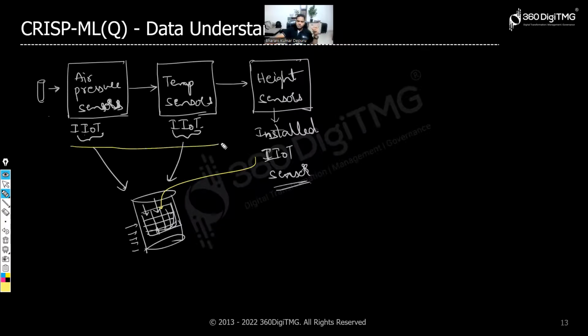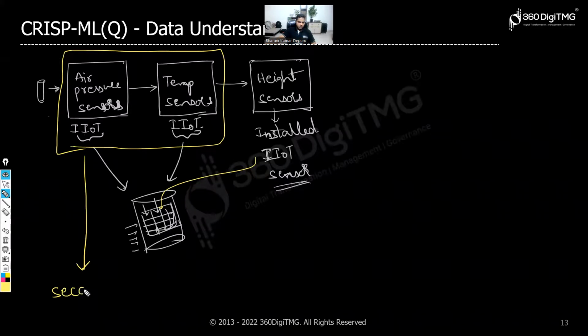So these two sensors, which were already installed, which were helping the company capture the data, would be called secondary data sources, or data captured using these sensors which are already available. Since data is already available, it's called a secondary data source.